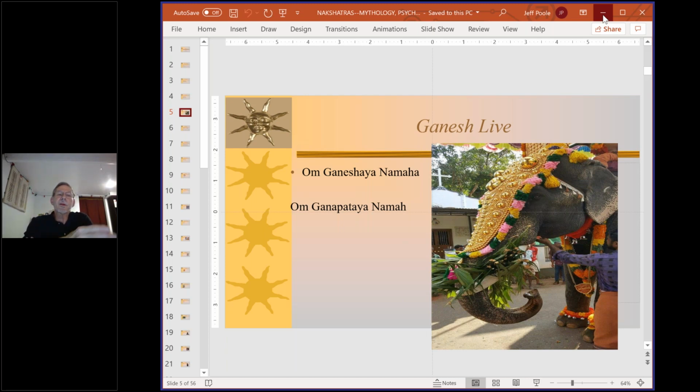So when we look at the story of Rohini, she wasn't very happy seeing the sexual advances from her dad. So she turned herself into a deer and skedaddled and ran off into a different portion of the sky, which was into Gemini. So she ran from Taurus to Gemini.